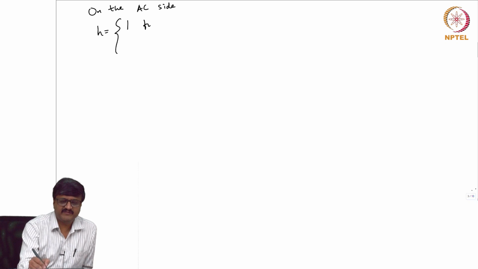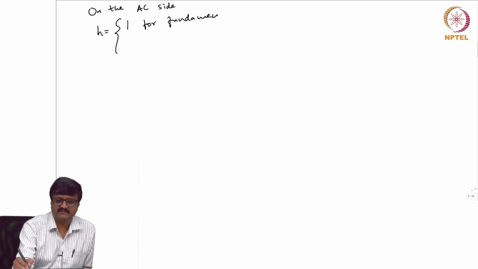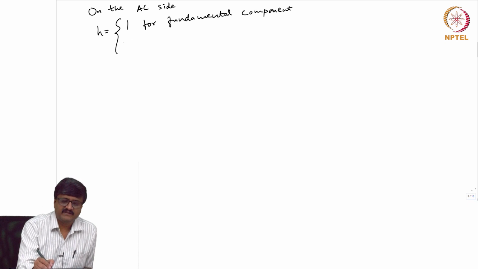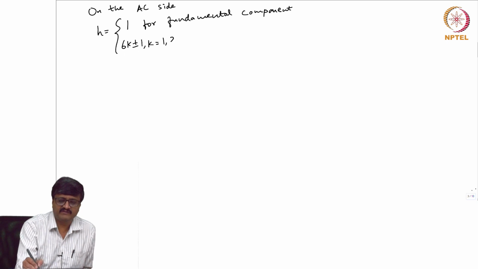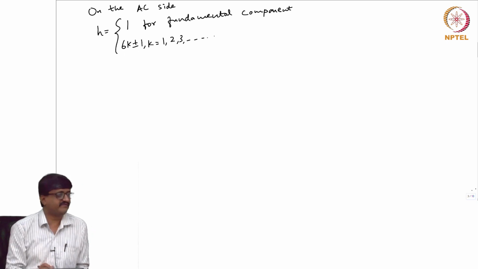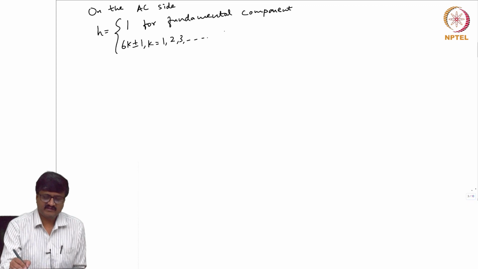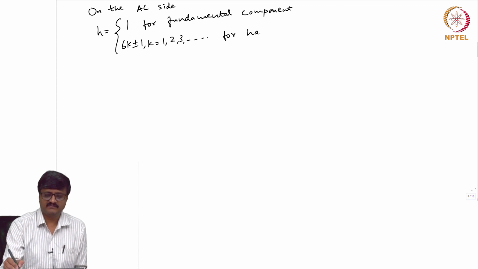If it takes 1, it is for fundamental component. And if it takes a value 6k plus minus 1, where k is either 1, 2, 3 or so on up to infinity, this is for harmonic components.